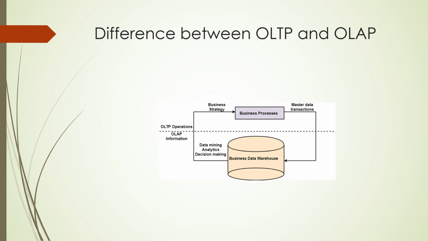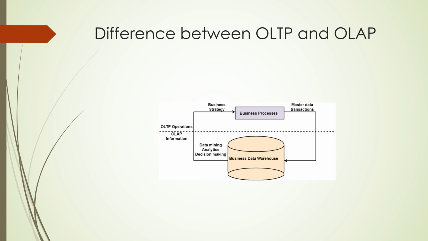decision making. The kind of use: OLTP methods are used for reading and writing operations, while OLAP methods usually do not update the data. Then the view: the online transaction processing system focuses primarily on the current data within the department, which does not refer to historical data.